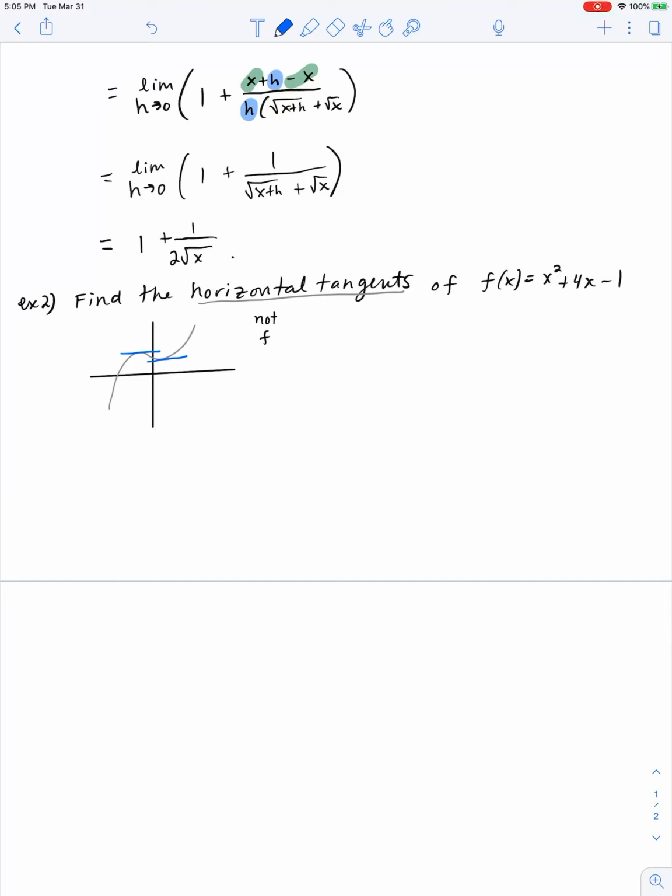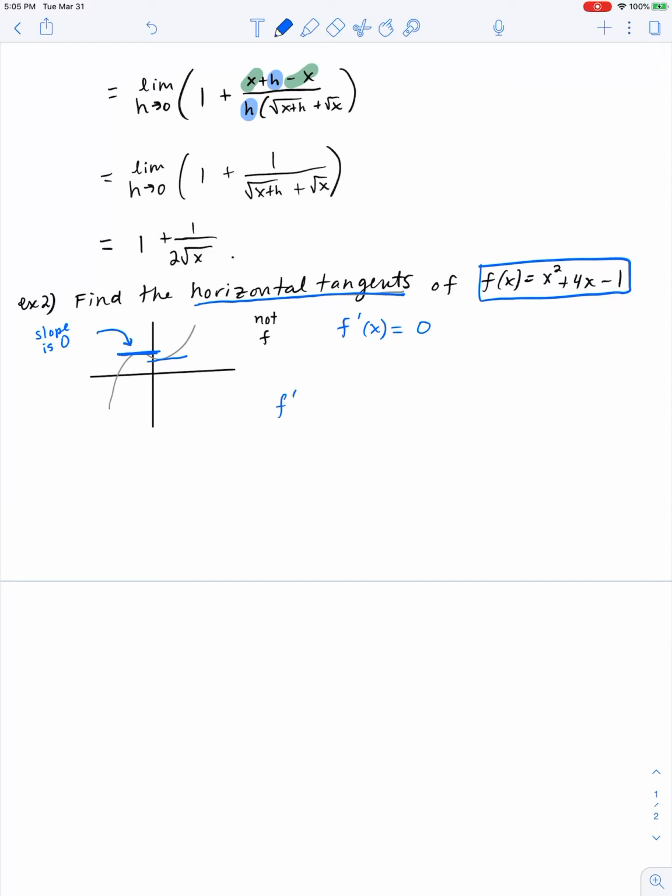So when a tangent is horizontal, that means its slope is 0. To find the horizontal tangents, you just need to find the derivative and set it equal to 0. Let's go ahead and do that for this function.